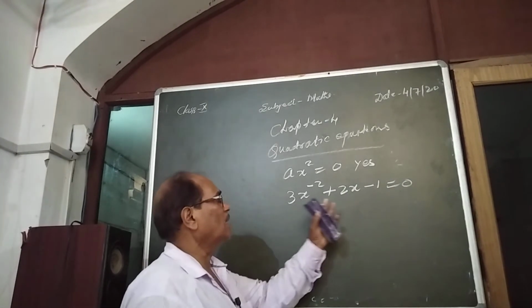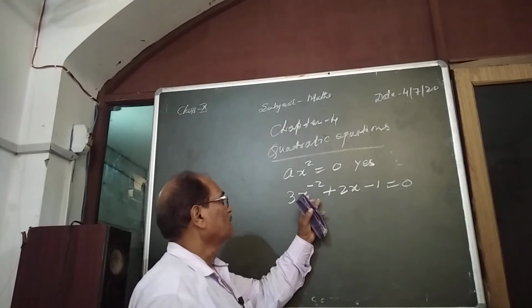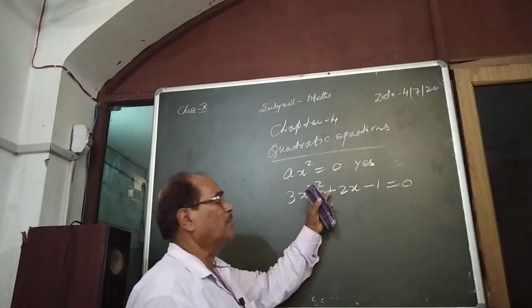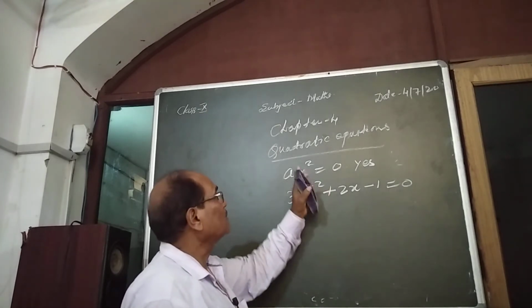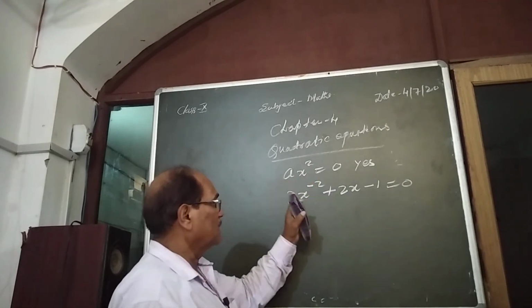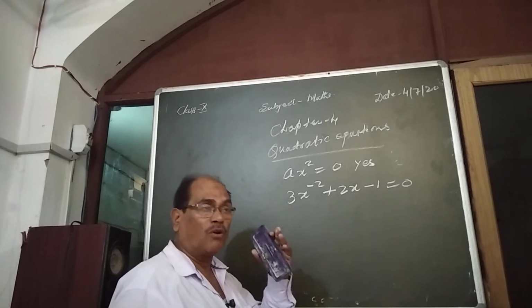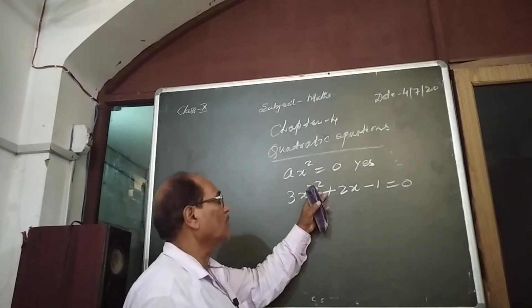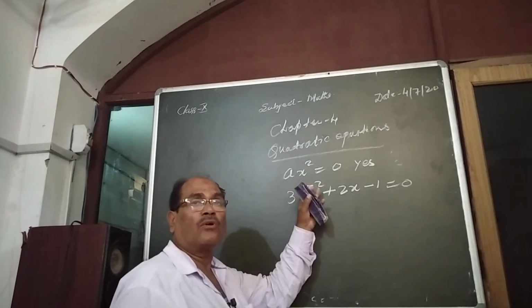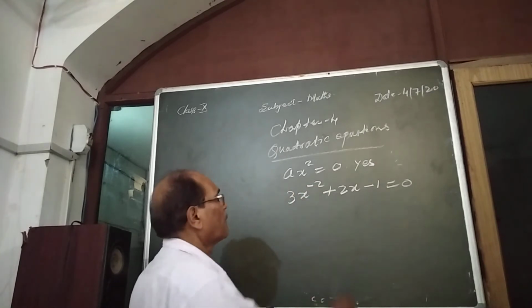No, it is not, because the power of the variable x is negative. So the second degree and one variable, and the exponent must be non-negative, that is positive always, and a whole number. It should not be a fraction.